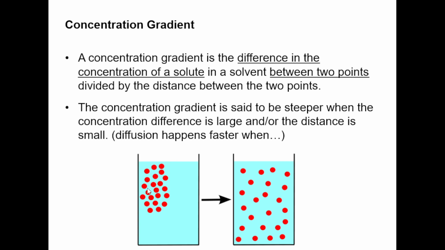If there are more solutes found in the higher area of concentration, it is so much faster to distribute to the other lower areas of concentration. And diffusion will happen much faster when the solutes only have to travel a short distance. Okay? Diffusion will happen faster if it only has to travel a short distance.